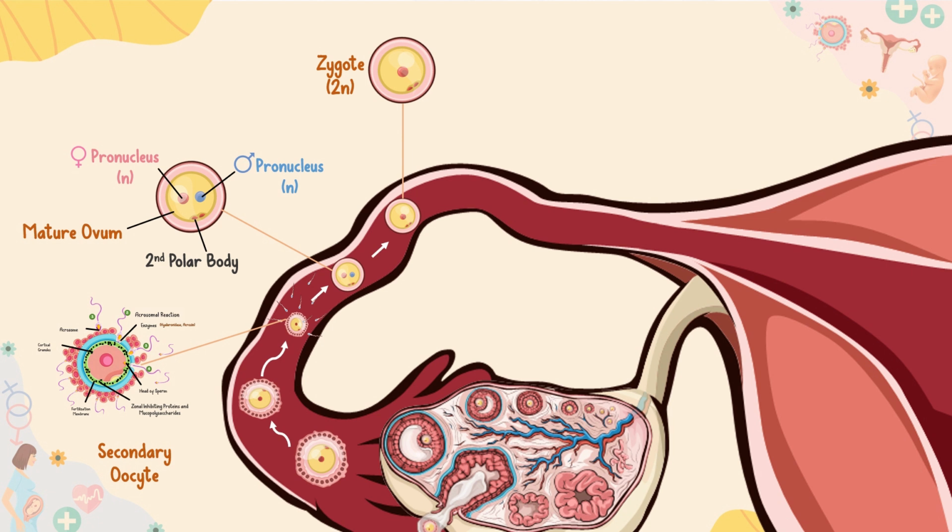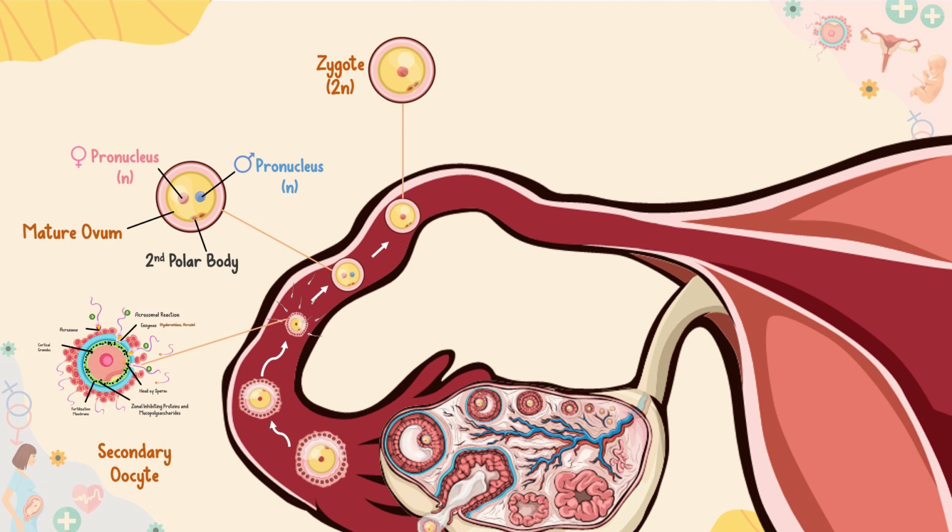Then, 23 chromosomes of the sperm and 23 chromosomes of ovum arrange themselves to reform the 23 pairs of chromosomes. That means 46 chromosomes in total in the fertilized ovum, or what we call a zygote.